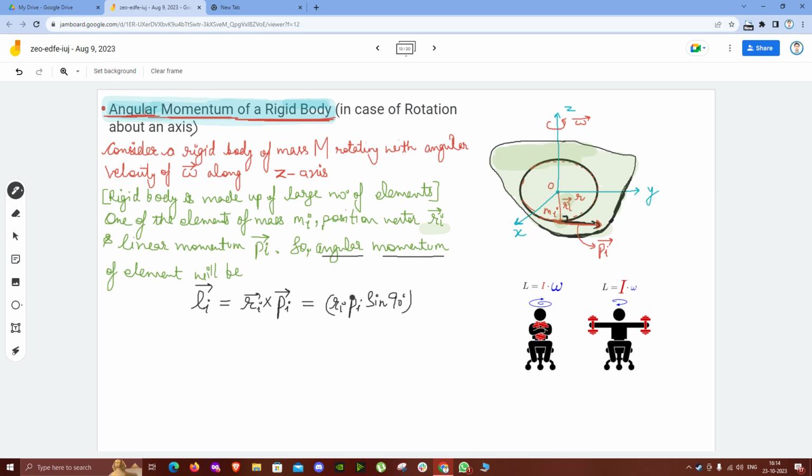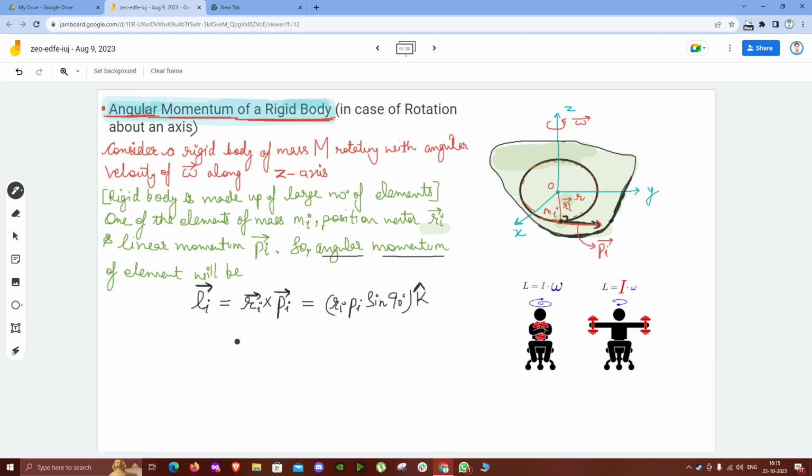is the angle, and the direction will be along the z-axis, because the plane in which the rigid body element is lying is the xy plane, and we know that angular momentum is an axial vector. Axial vector means in order to find its direction you apply the right hand thumb rule. So ri and pi are in the xy plane, so the direction of the resultant, that is the li vector, the angular momentum vector, will be in the upward direction with the right hand thumb rule.